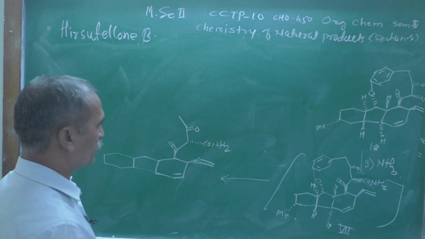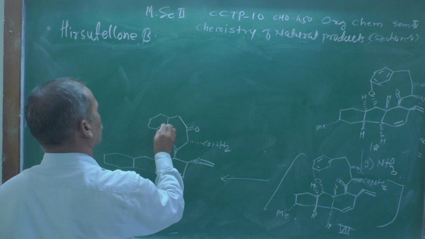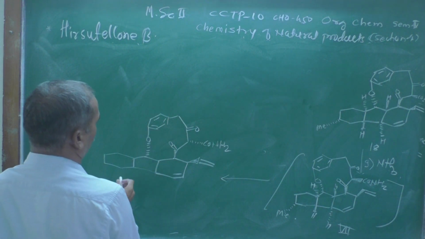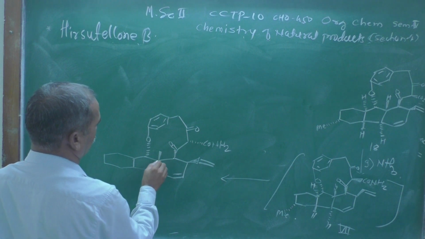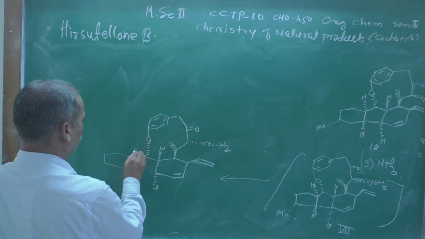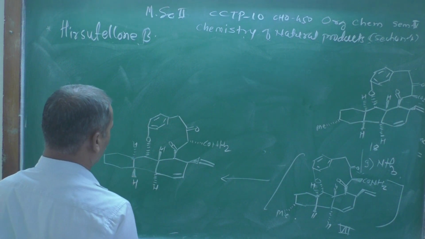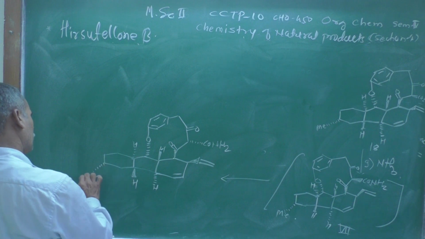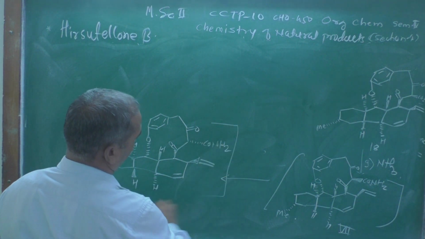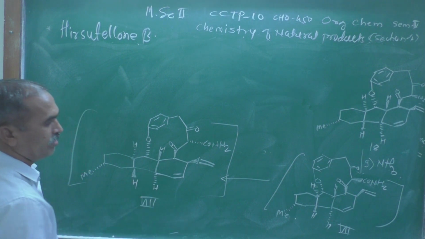This group remains as it is, with a double bond O that goes here. Here is a hydrogen atom, here is a hydrogen atom, here a hydrogen atom, and this hydrogen atom should be above the plane, and one methyl group which we are showing over here. The whole structure we are representing in a square bracket, and that structure is nothing but structure number 8.